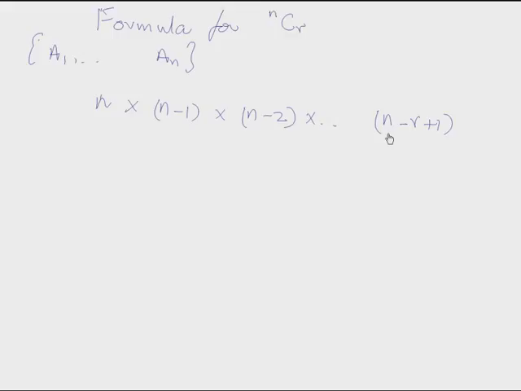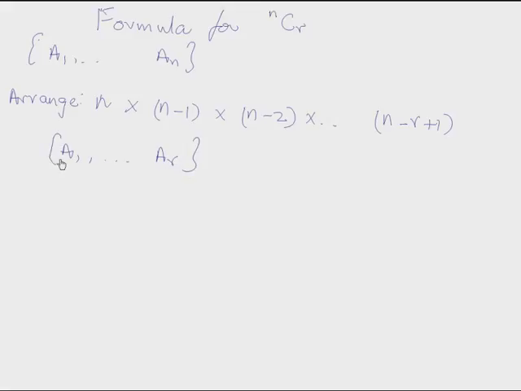And by the multiplication principle, I multiply all these r numbers out and I have the number of ways I can arrange r objects out of n. These are the arrangements. This was done in the last lesson. Now the problem is, these arrangements of course are too many, because say one of the arrangements is A1 to Ar.